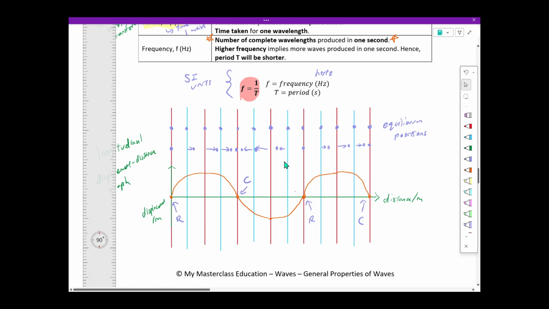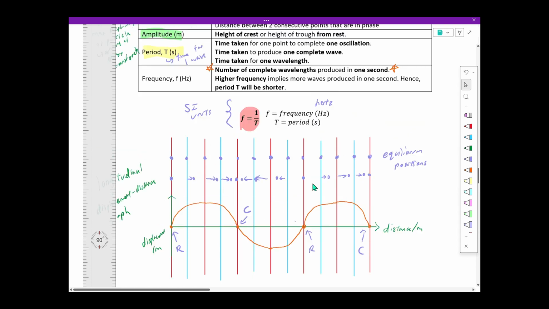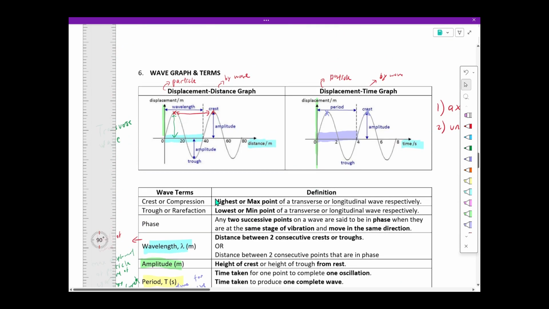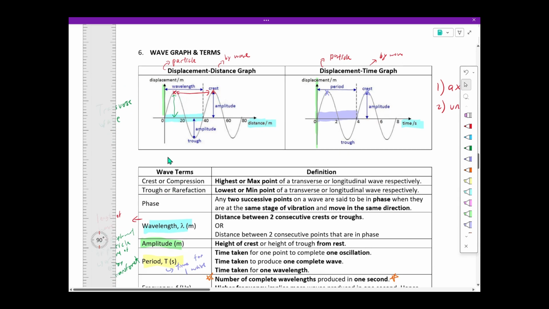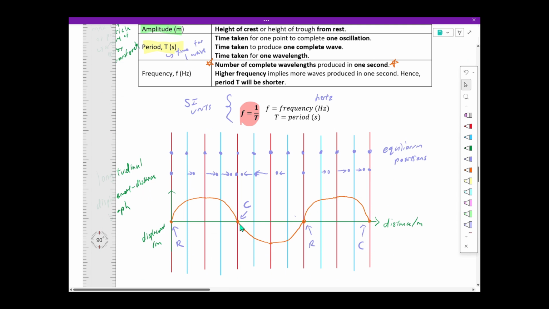When you compress air, you can just imagine that there are more air particles together. So where there are 3 particles, the air is much more compressed, and that is actually not the maximum displacement. So you can see the displacement graph is a bit different, because by right, the compression should be at the maximum point, right? But your compression is actually at the equilibrium position, because that is the point where there are more particles drawn.